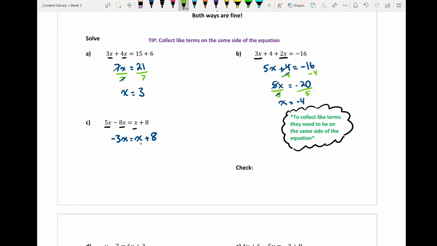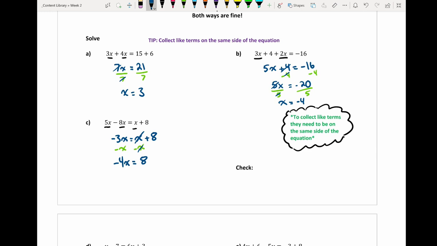So because I have 1x on this side, to cancel that out, I'm going to minus x. Right? Same thing, opposite operation. To keep things balanced, I'm going to minus x from the other side as well. One side cancels out. I have minus 3x and then minus x, so I'm at minus 4x now, equals 8.